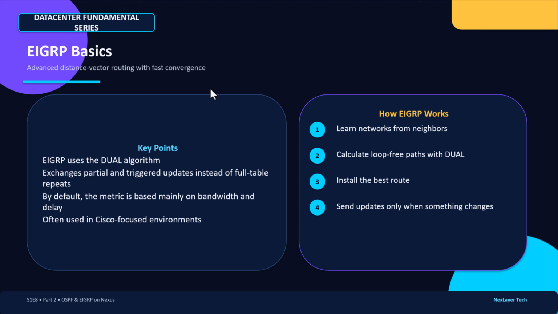By default, the main components of the metric are bandwidth and delay. The protocol evaluates the available path and selects the route with the best metric. EIGRP is known for fast convergence and efficient route updates. It is often found in Cisco-focused enterprise environments where the operations team is familiar with the protocol.